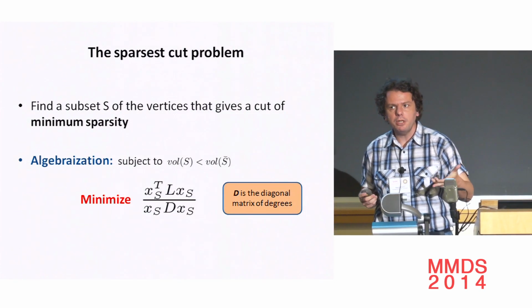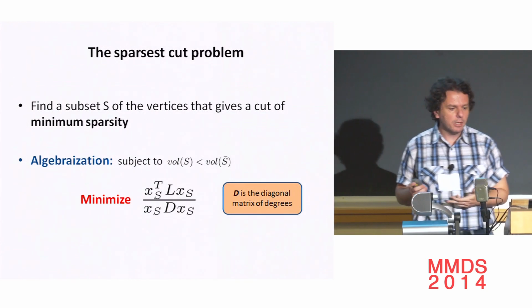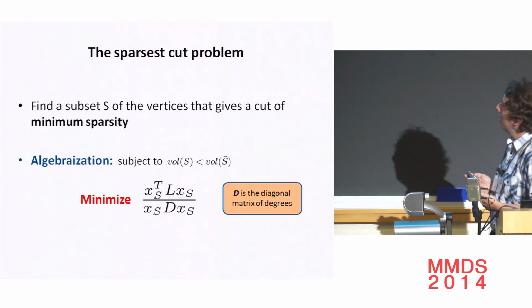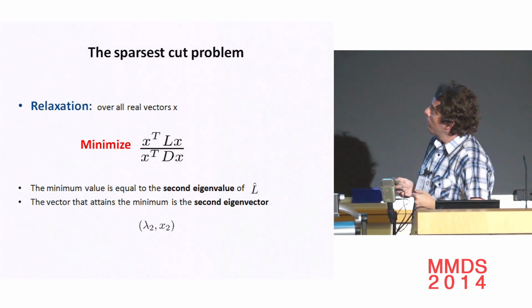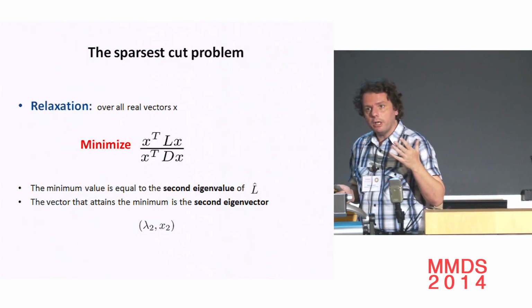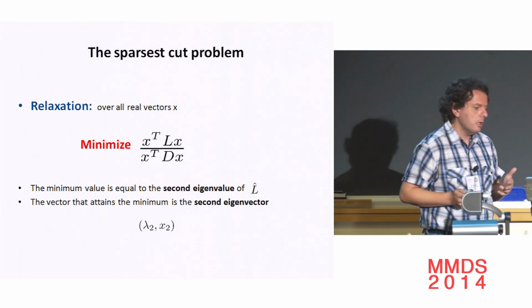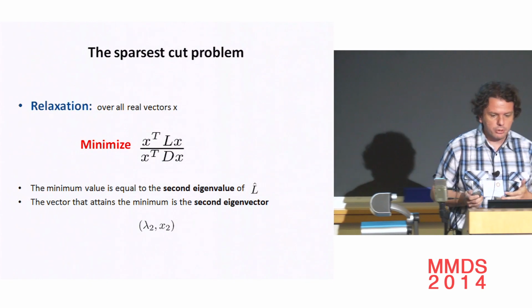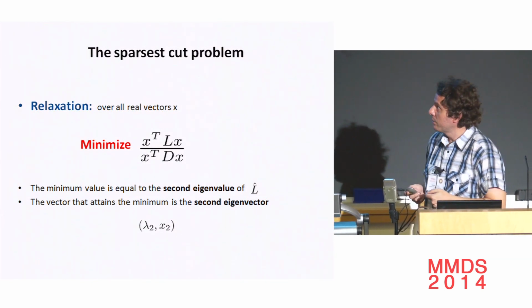One way to solve it is to say, instead of trying to find this discrete vector x, I want to minimize this ratio. What I'm going to do instead is, instead of minimizing over the 0, 1 vectors, minimize it over the real numbers.